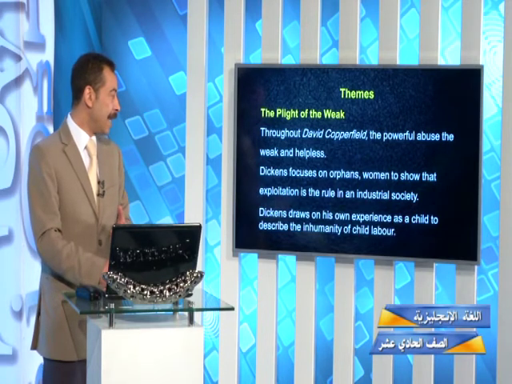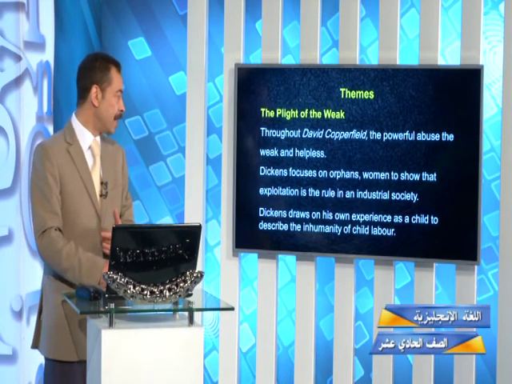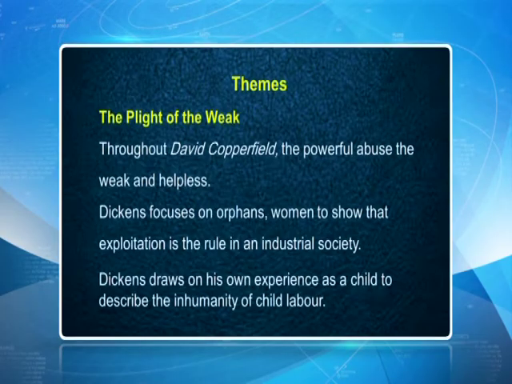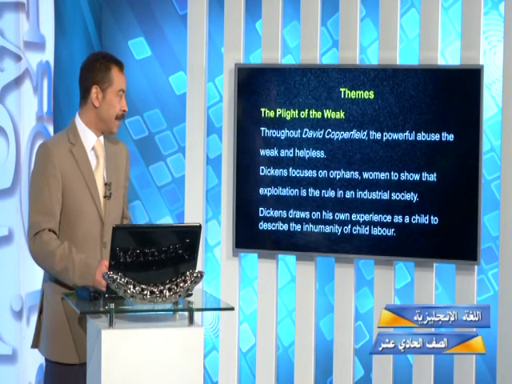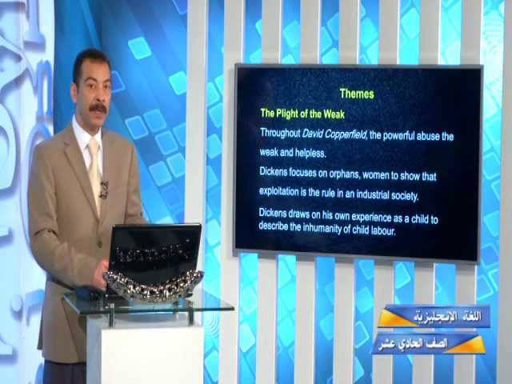Dickens, that is the writer again, draws on his own experience as a child to describe the inhumanity of child labor. Okay? So, if we want to talk or describe the story, it's very important to remember these things. That is, child labor, poor people, rich people, etc.